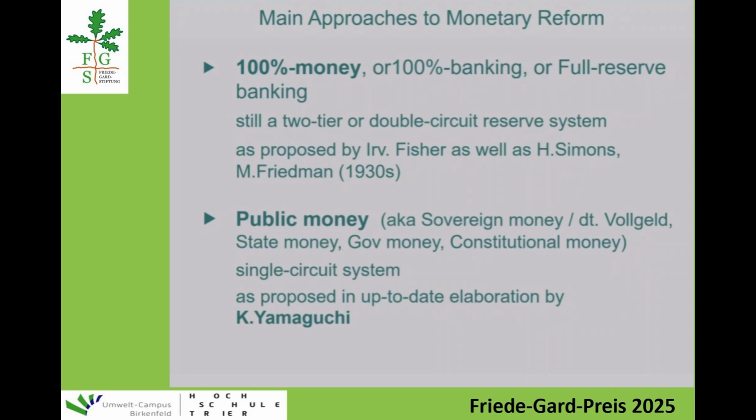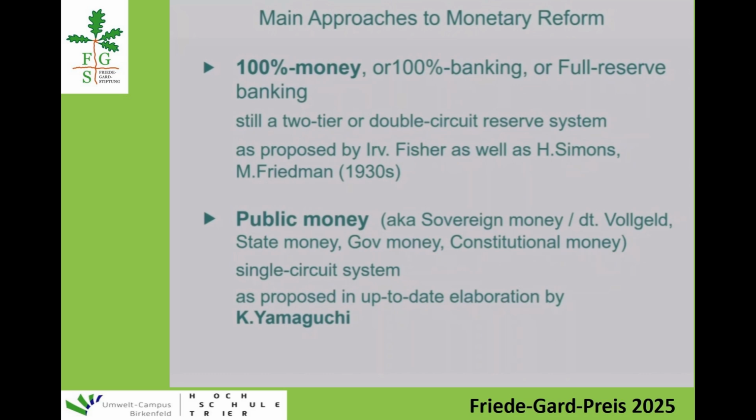And as the name makes clear, these economists wanted to overcome the fractionality of banking, while nonetheless keeping the banks creating bank money. And the idea was that each amount of bank money must be backed by the same amount of central bank money. So this was about a two-tier or double circuit money system.